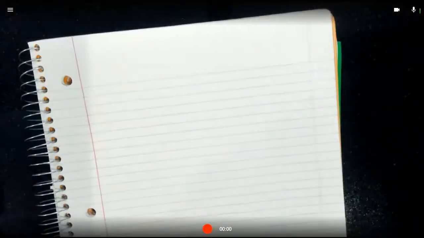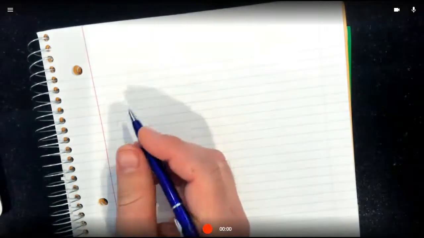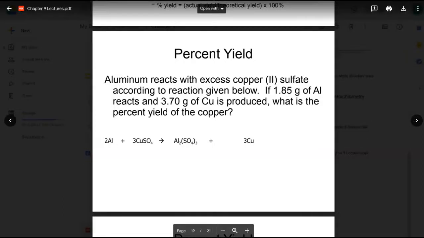So let's take a look at our sample problem here. Go back to the PowerPoint. So our balanced chemical equation, remember, we want to make sure that our equations are balanced. Why?